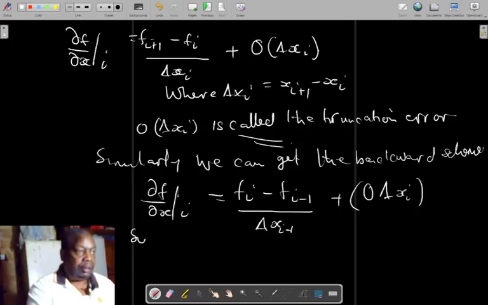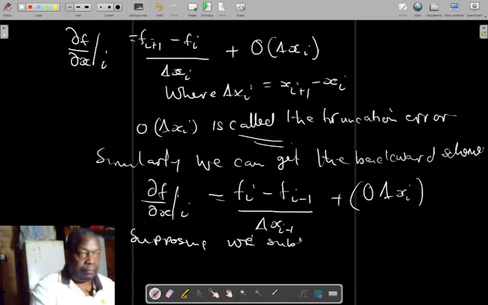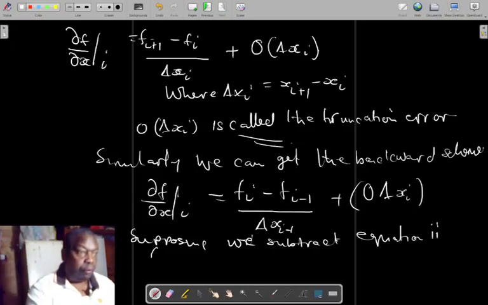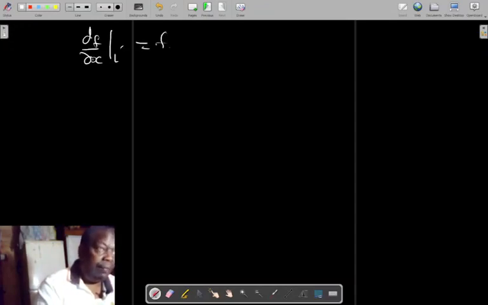Now, supposing we subtract equation 2 from equation 1, df by dx at i is equal to (f_{i+1} - f_{i-1}).